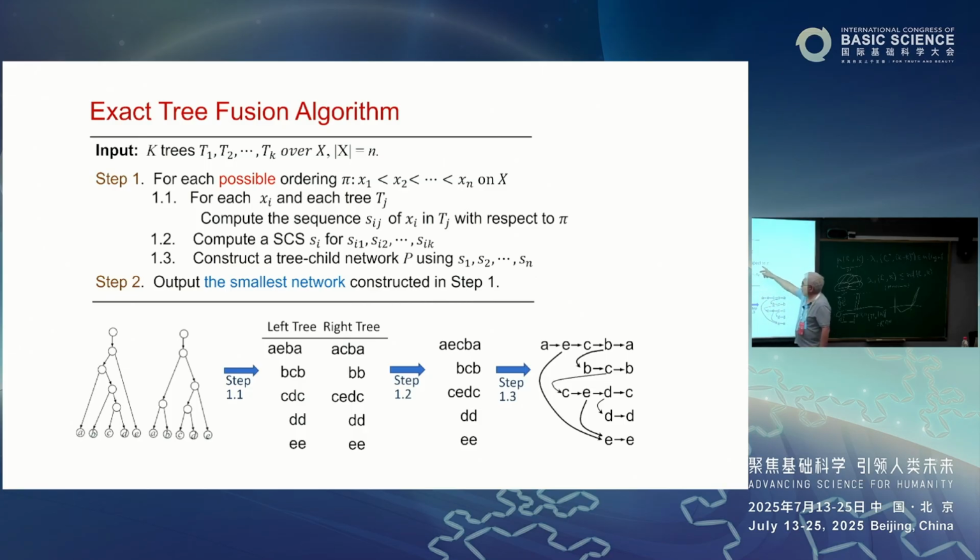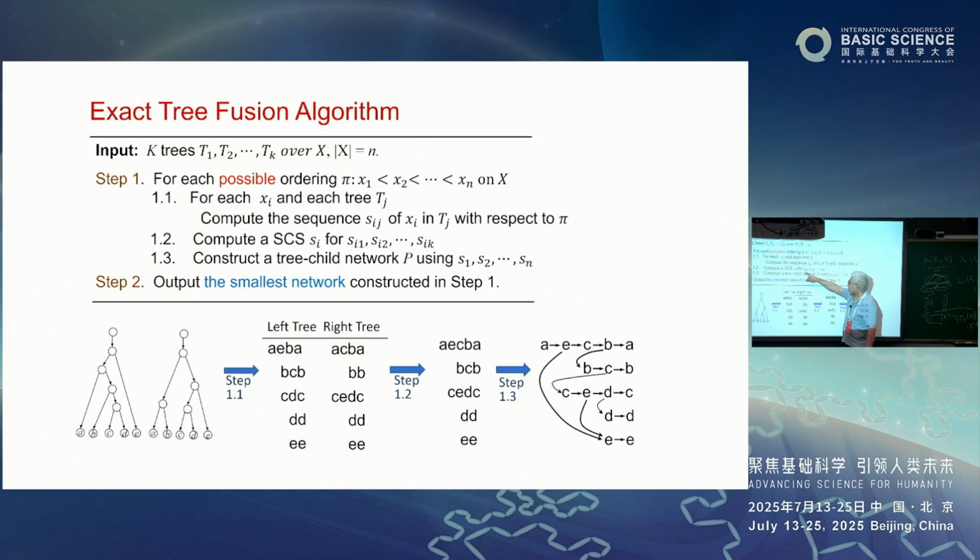So basically for each species xi, we get this sequence from tree 1, this sequence from tree 2, this from tree k. Then we compute the SCS, SCS_i, for these k sequences. Using these SCSs, we can build the tree child network. Then we just keep the smallest one.